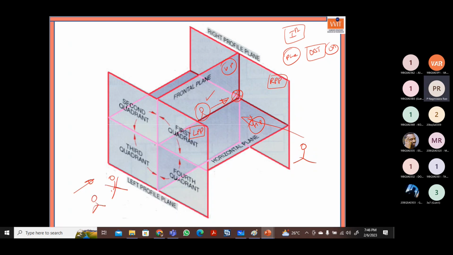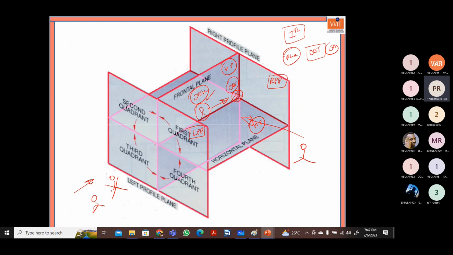Please remember this is a very important thing. Of course, there is a left profile plane here, but as per our assumption, the object must always be between the plane of projection and the observer. So here is the observer, this is the object, and this is the plane on which we get the side view image.